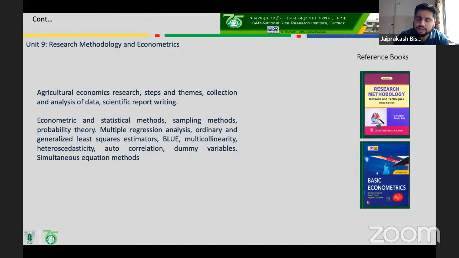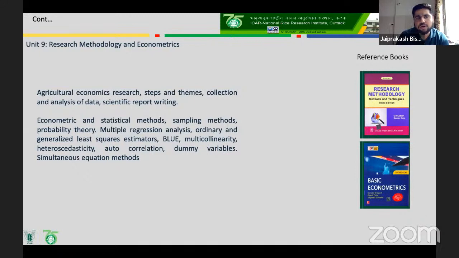In basic econometrics, there are actually very few topics which are important from the point of view of the examination, but econometrics as a subject is very useful in your entire career, your entire journey as a researcher or as a scientist.